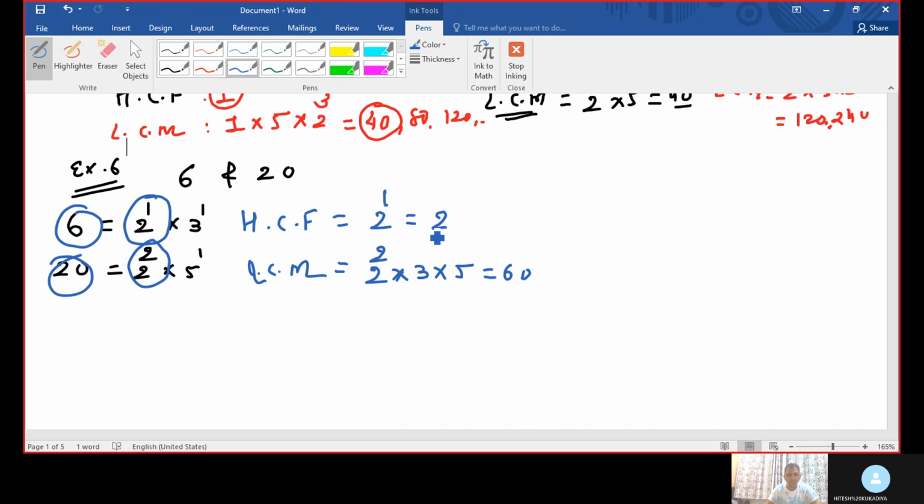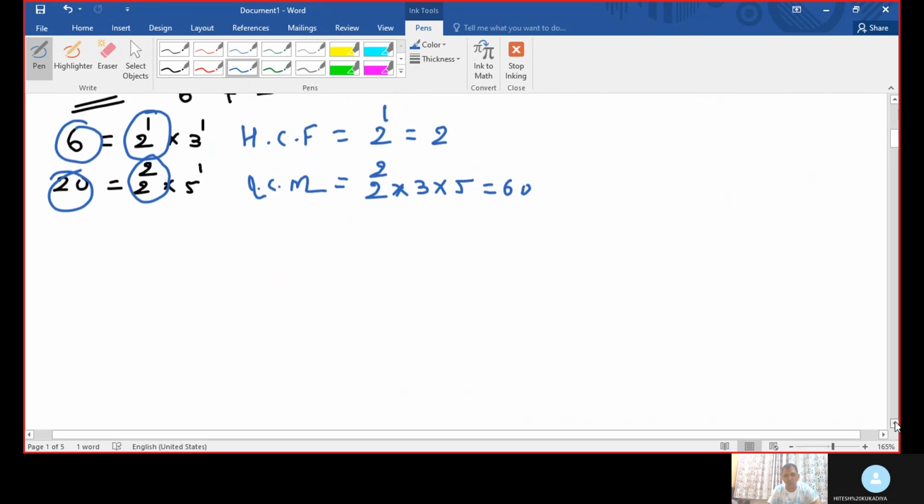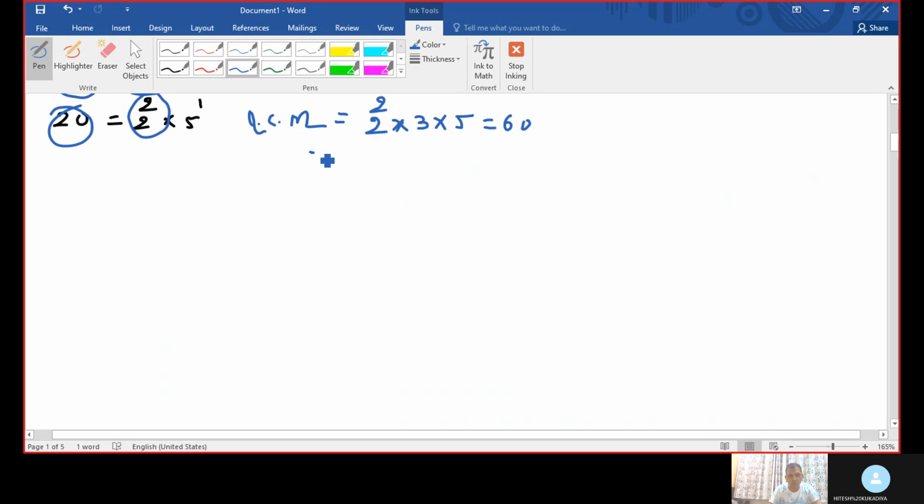Continue. Now we start exercise number 1.2. Look at the textbook, exercise 1.2, question number 2. Again, we find HCF and LCM by using this method.